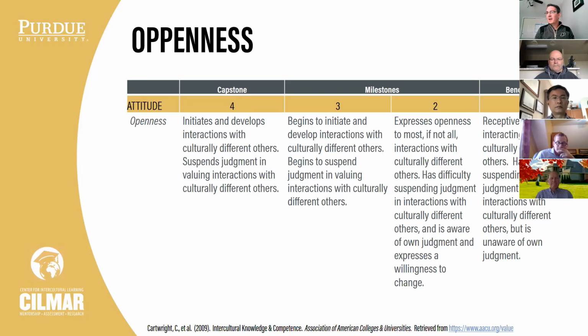One is initiating contact or engagement or interaction and developing those interactions. The second one is suspending judgment. Those are the two important elements of intercultural openness: a person's willingness or proactive engagement, and then suspending judgment. That's the part we're going to be focusing on with this particular activity.